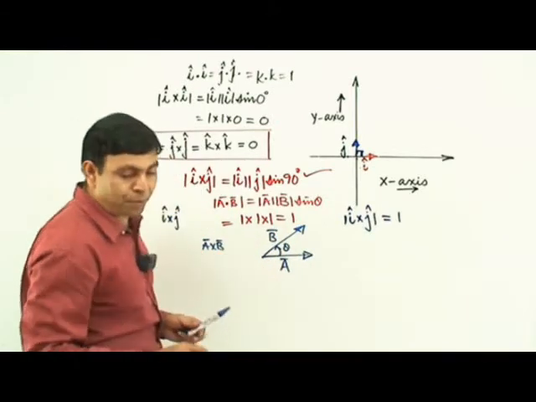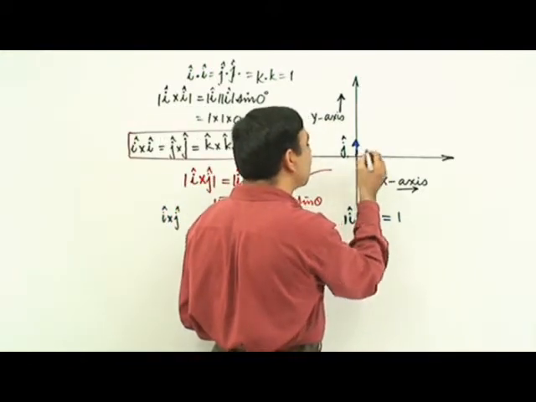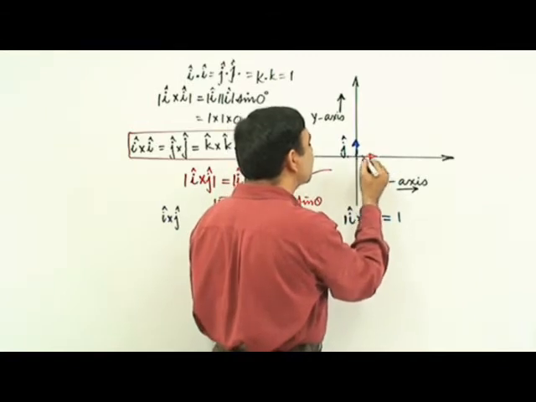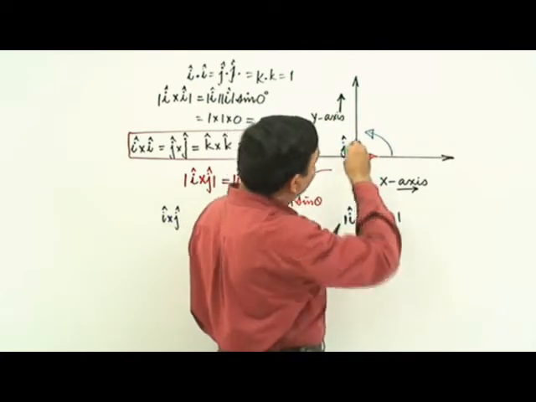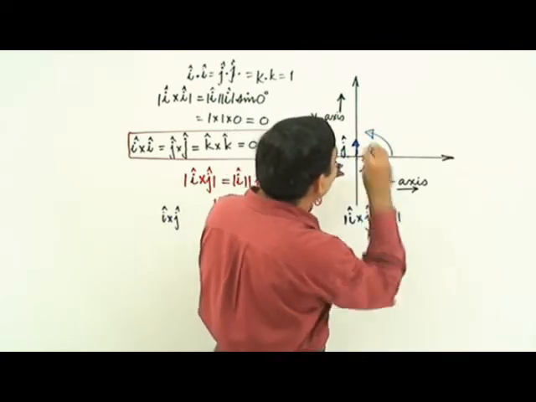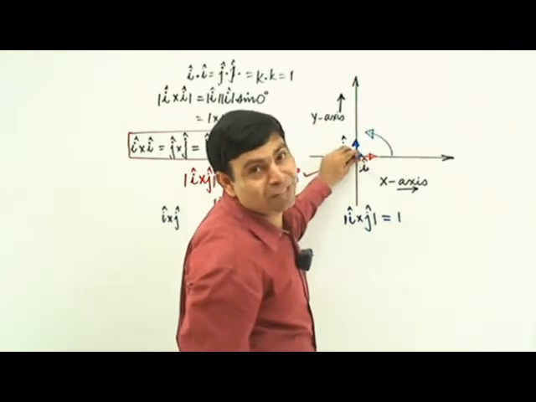As you are able to see, i cross j means rotate vector i towards j in this direction, that is anti-clockwise, which means out of the board towards you, that means towards the positive z direction.